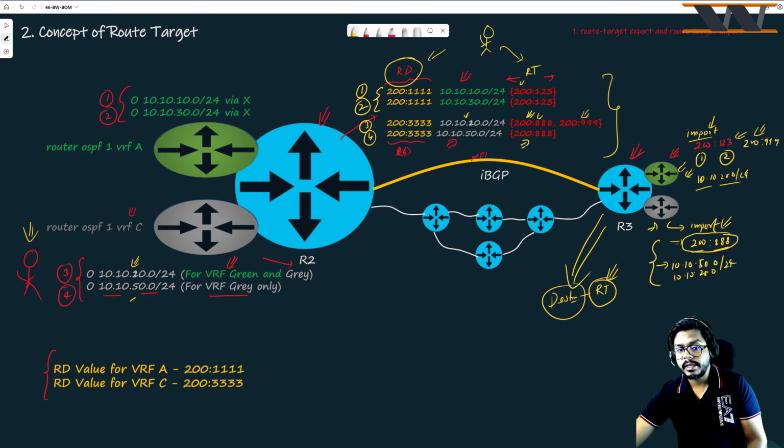We will select the route on the basis of the RT value, deciding which route should go into which VRF. So RT is for selecting the route at the destination, which route should go where. RD is actually to distinguish these routes. Otherwise, the BGP protocol is going to select one route out of the similar looking routes. It is as simple as that.